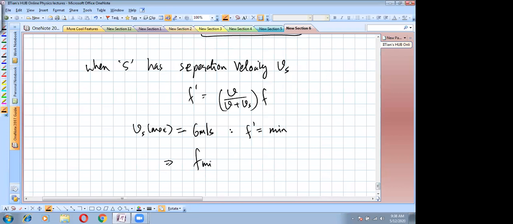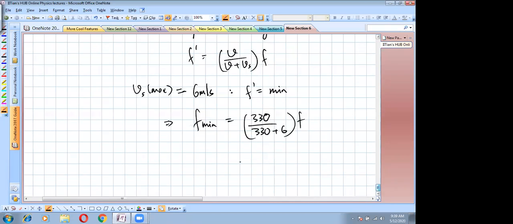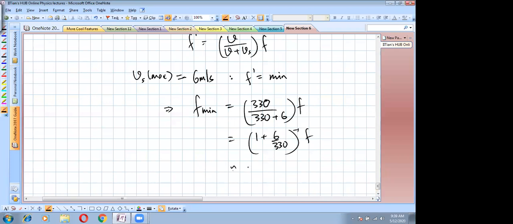So F minimum just becomes 330 upon 330 plus 6 instead of minus 6. So again, when you do the binomial approximation, this becomes 1 plus 6 upon 330 to the power minus 1 into F. So with the binomial approximation, this becomes 1 minus 1 upon 55 times 500 hertz.